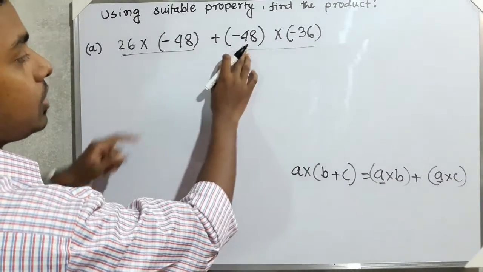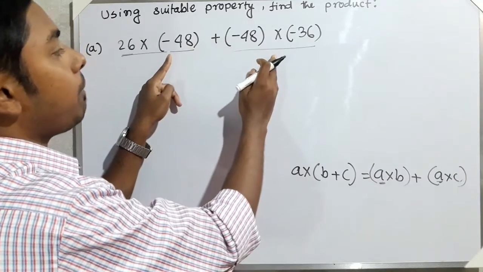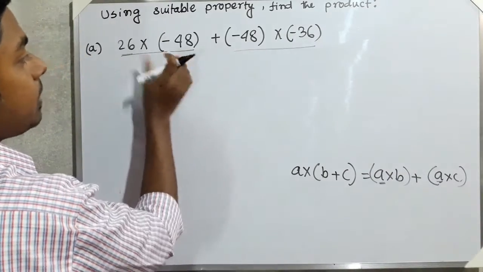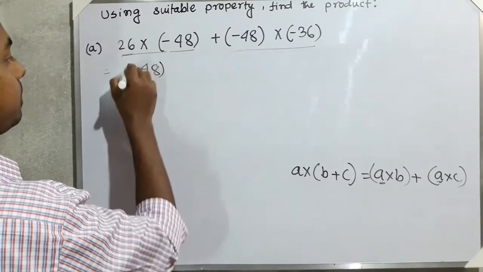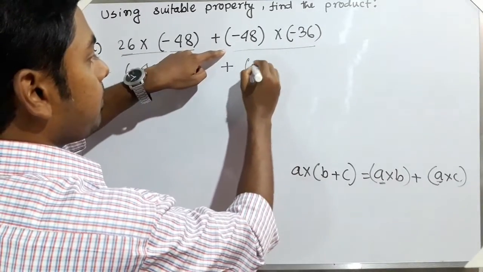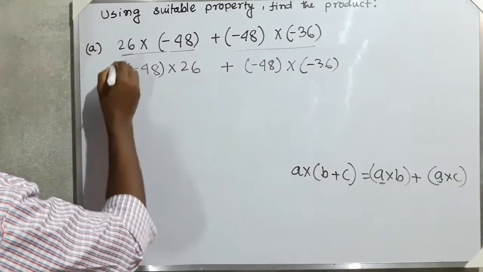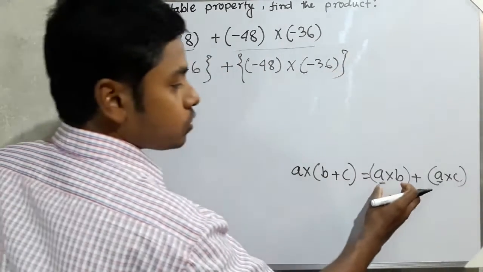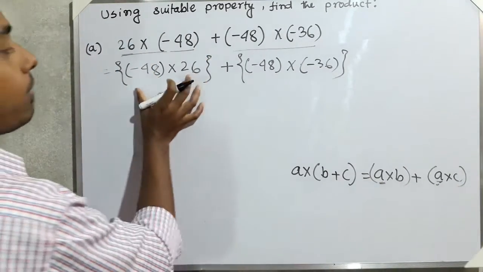So you have to take minus 48 as A. The term which is common between the two terms, that term you take as A. So in the first term, A should be in the first position, so we write minus 48 into 26, plus minus 48 into minus 36, and we take the bracket here.